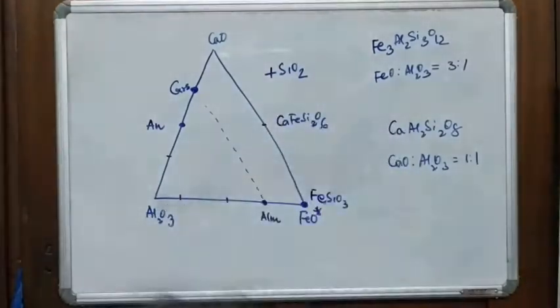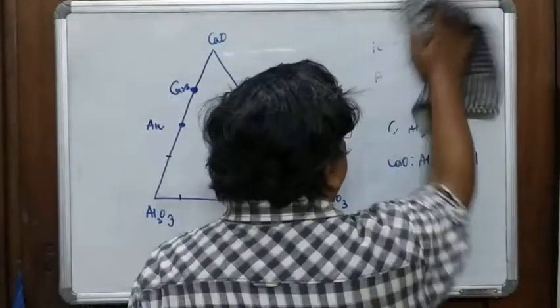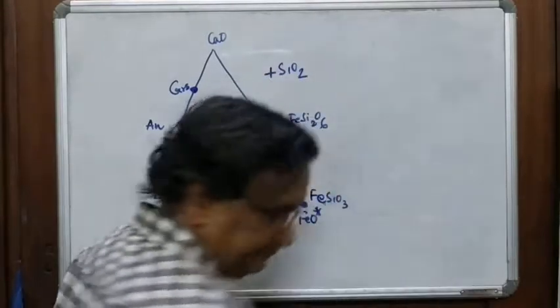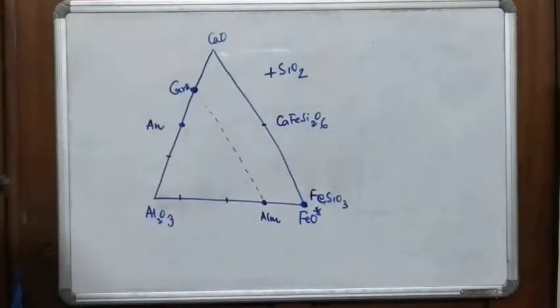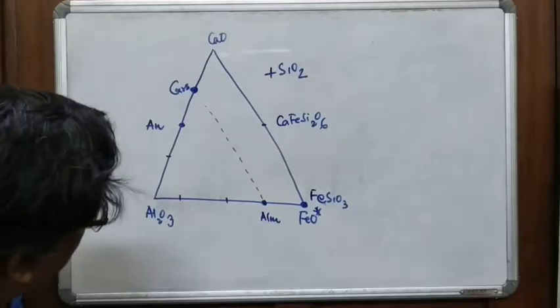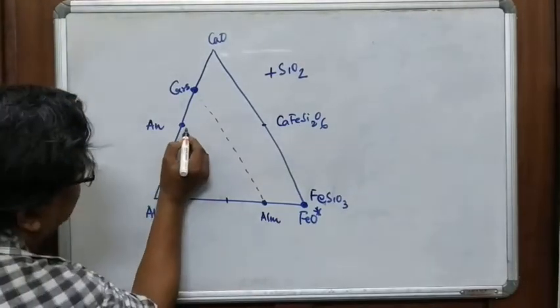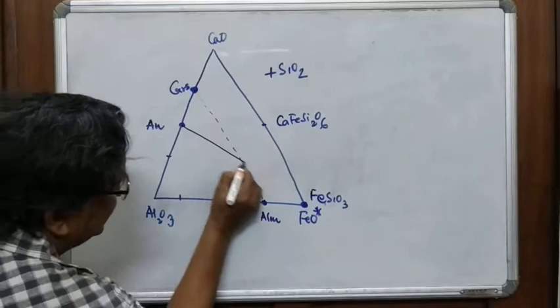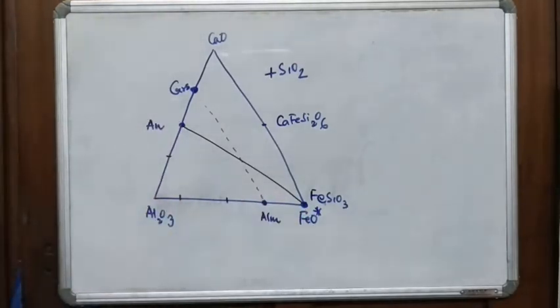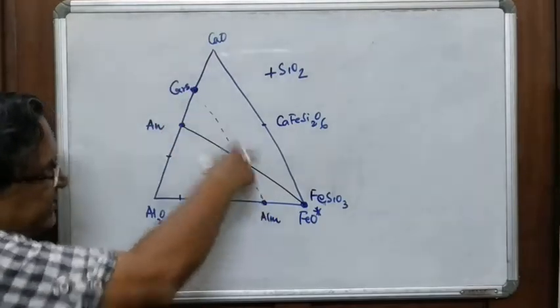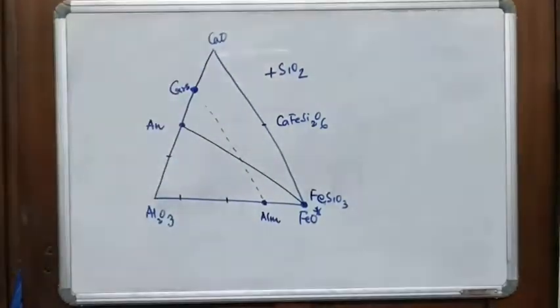This we have to find out. What are the possible reactions from crossing tie lines? So say for example, I take anorthite plus ferrosilite. Do you see that? This anorthite plus ferrosilite should intersect this line.